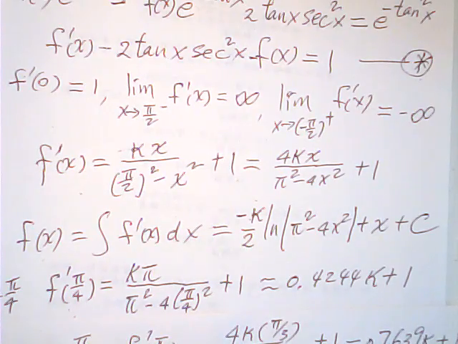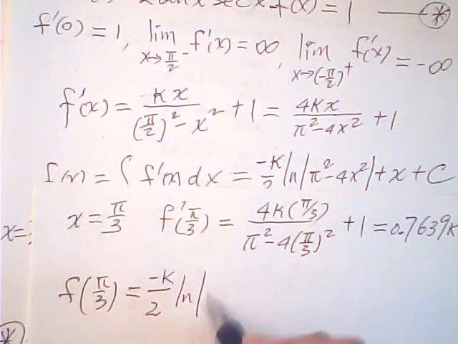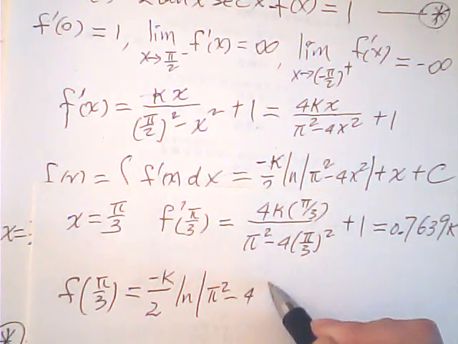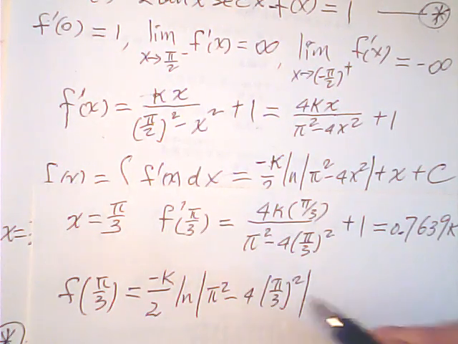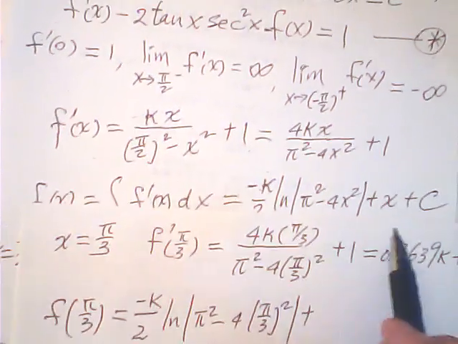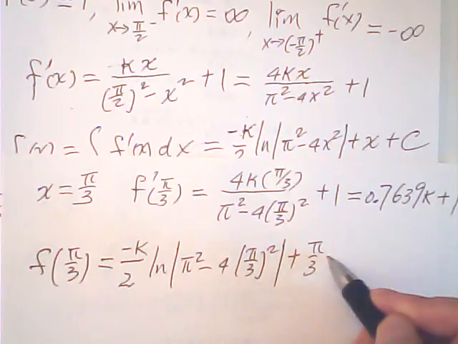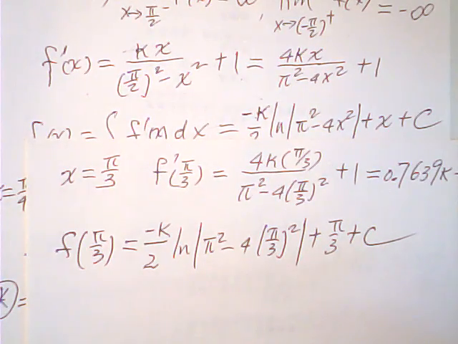So this one is equal to negative k over 2 log of pi square minus 4 times pi over 3 square, plus x plus c. Very good.